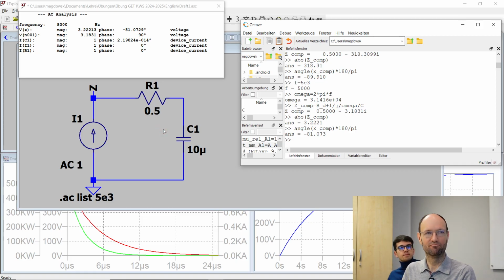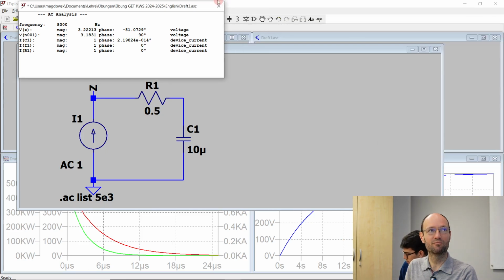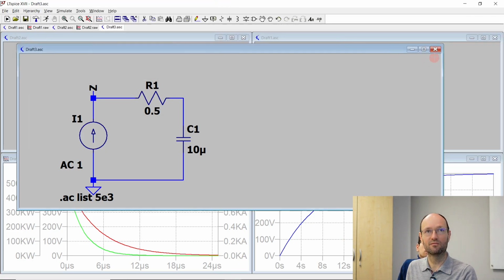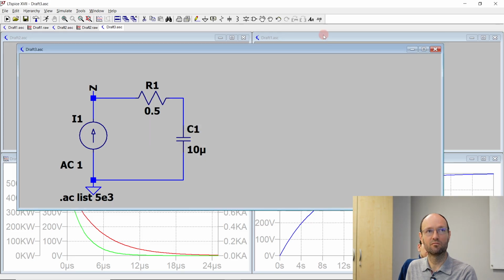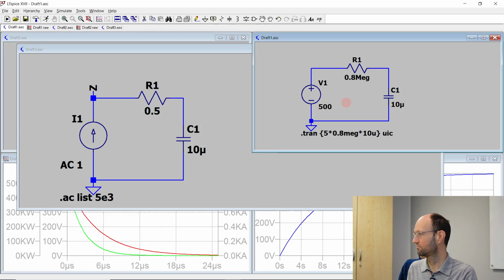And of course, this is probably a bit too much for a first or second semester electrical engineering course. We could also use this complex calculation here to, at the end, do the very same calculation as this one here in time domain.